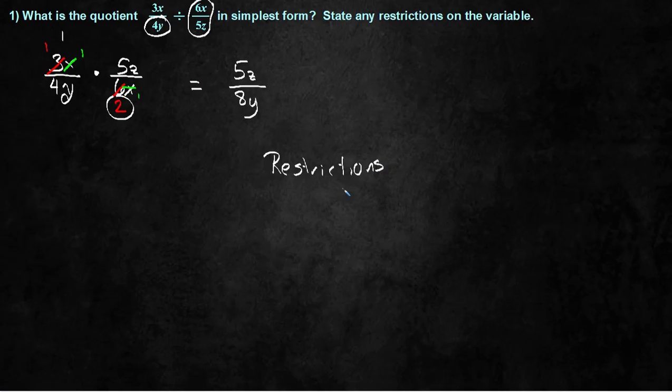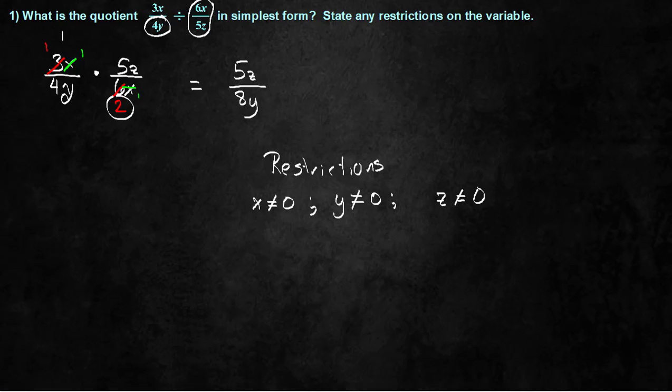So x can't equal 0, because that's in the numerator of the second fraction. y can't equal 0, because it's the denominator of the first fraction. And z can't equal 0, because it's the denominator of the second fraction. It doesn't matter where it's located in the second fraction, there can be no zeros there. But in the first fraction, you just can't have a 0 in the denominator.